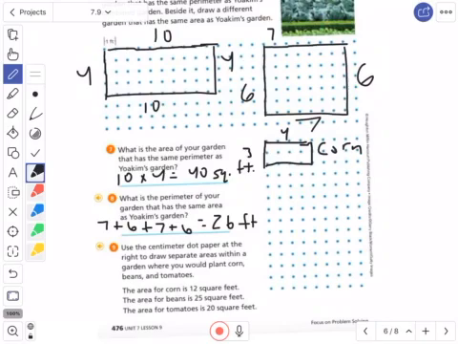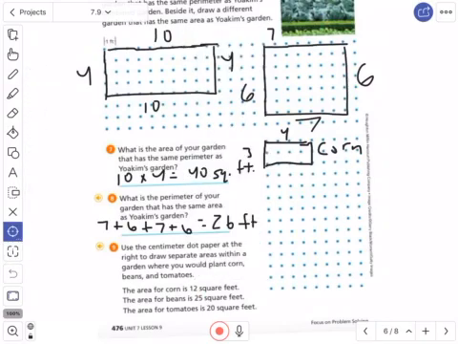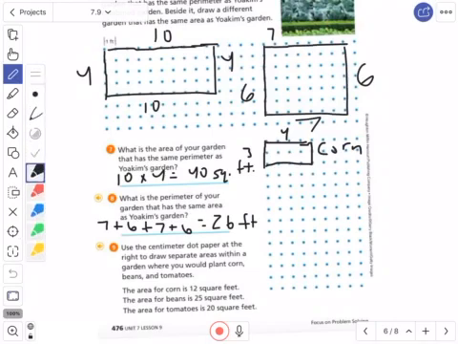Okay, then I need beans. And that one is going to be 25. Okay, well, I know 3, 4, 5. There we go. Because I know 5 times 5 is 25, and that's going to be my beans.